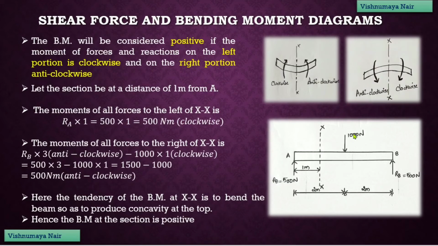And the moment due to this load 1000 Newton will be 1000 into the perpendicular distance. So, perpendicular distance is 1 meter and this load has the tendency to rotate the beam in the clockwise direction.